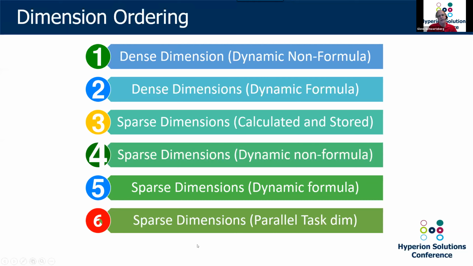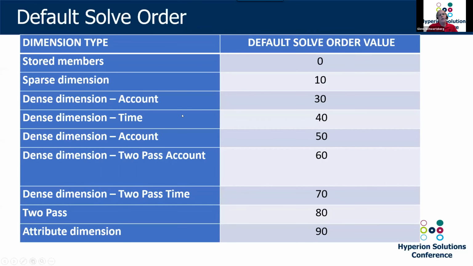And yesterday, Mike showed us that in the new Cube Designer coming out, there will actually be an optimization utility built into it to help you determine these kinds of things. Coming in the future, I can't say how soon or how far away, using the Cube Designer against Essbase 19C, or when 21C comes out on-prem, you'll be able to use it to help you define the sparse order of your dimensions. Now, there is a default solve order in 19C that it follows.